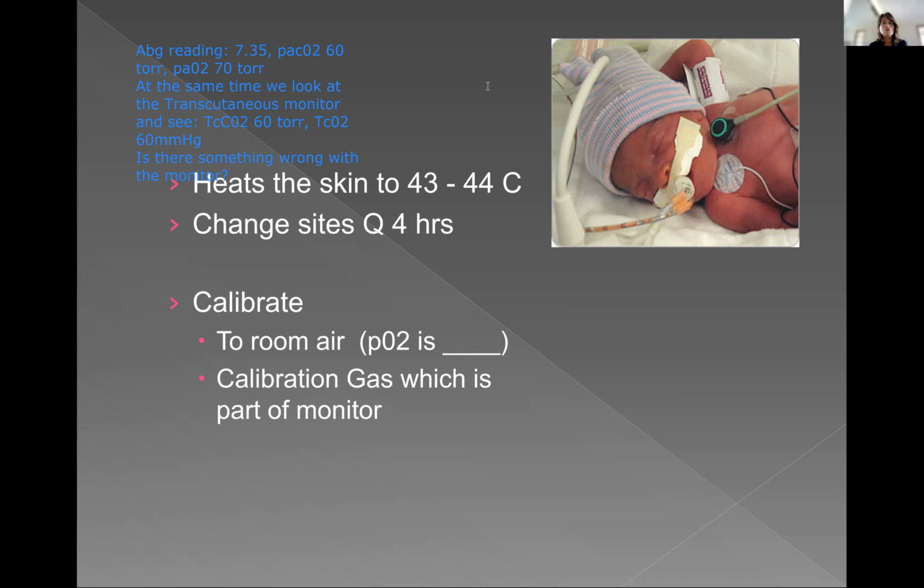So there's nothing wrong with the transcutaneous monitor. It's just that oxygen doesn't diffuse through the skin as easily as carbon dioxide does. Carbon dioxide is a very diffusible gas. Oxygen, not so great. So that's why the O2 is lower on the transcutaneous monitor. Good job.